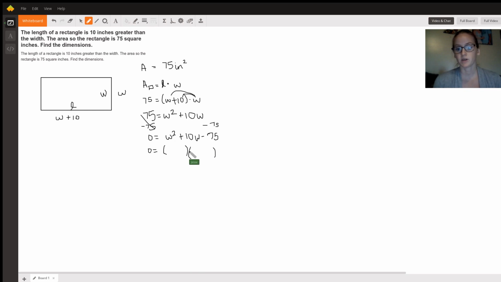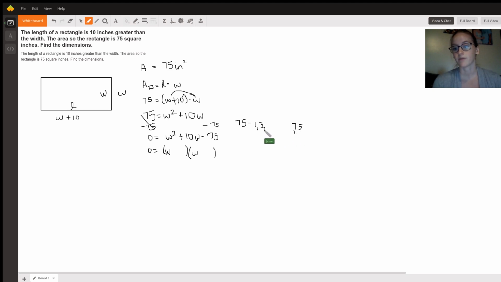These first two terms have to multiply to give us W squared, so I know it has to be W and it has to be W. Okay? These last two terms have to multiply to give us negative 75, but add to give us positive 10. So if we think about the factors of 75, obviously we have 1 and 75. That's obviously not going to work, right?